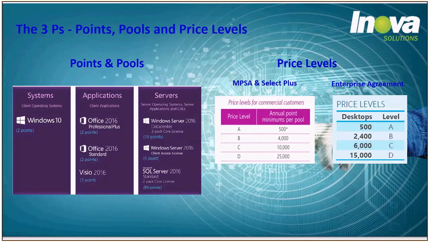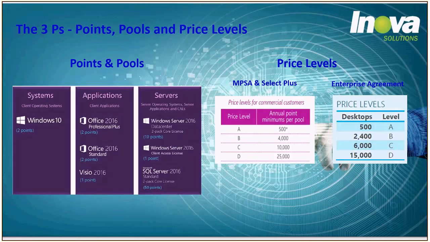So for instance, if you have a large organization with 5,000 qualified desktops or users, then you'll be able to get price level B pricing for your agreement.